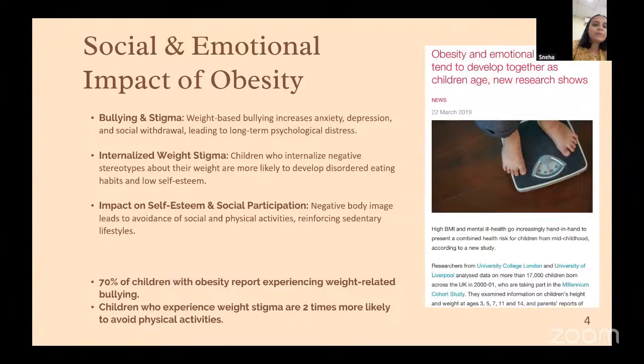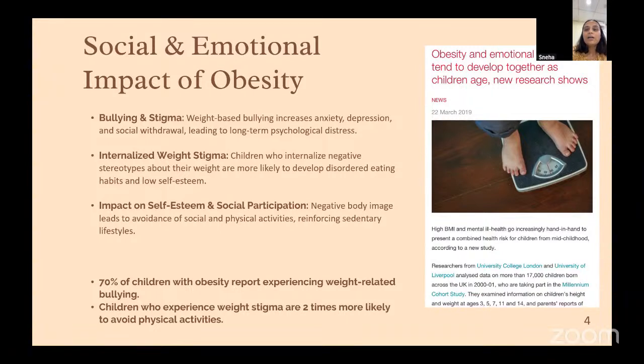Next slide, ma'am. Social and emotional impact of obesity. We all know what happens when an obese child goes to school and interacts with other people. They can be bullied. There might be a lot of stigma associated with their weight, which can lead to anxiety, depression, school refusal, and social withdrawal.